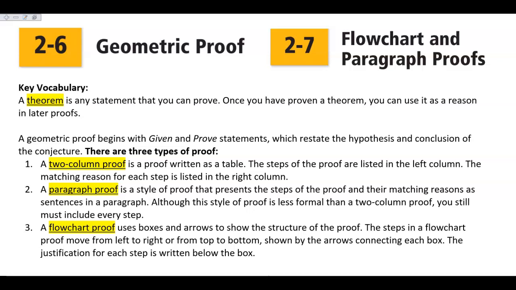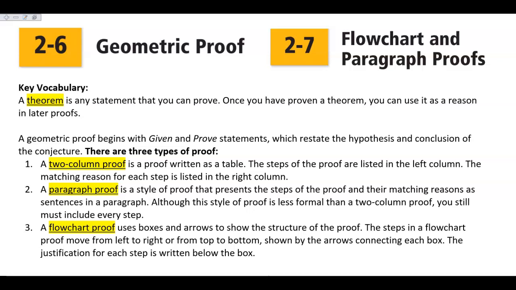There are three types of proofs that we're going to talk about. The first is a two-column proof. A two-column proof is written in a way that looks like a table. You list the steps of the proof in the left-hand column and the reason for each step in the right-hand column.